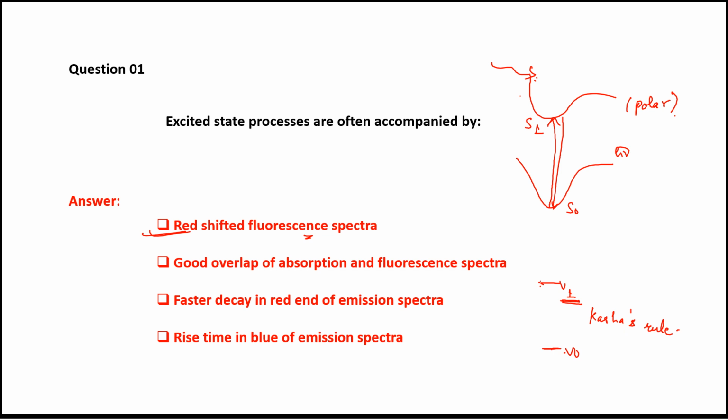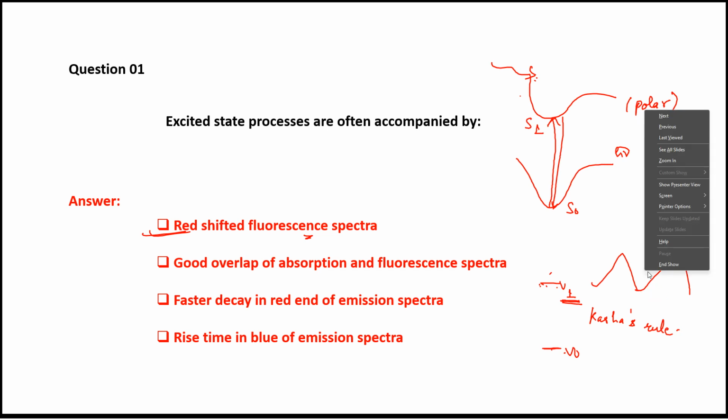Now another thing is, suppose the excited state is a polar state which has a certain amount of lower energy compared to that of the non-polar state. In that case, absorption and emission, which could be like the mirror images of each other, are not so, and there is some difference, and these processes are called the non-Kasha's processes.